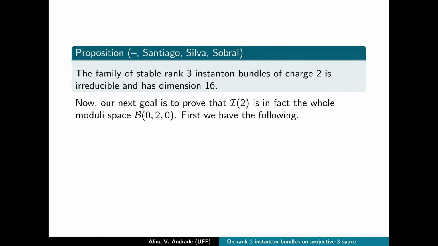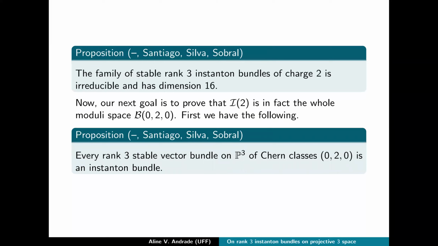Every rank 3 stable vector bundle on P3 of Chern classes 0, 2, 0 is an instanton bundle. So we proved that the image of the morphism in the proof of the previous proposition is the instanton bundles. So now we are trying to prove that in fact every rank 3 stable vector bundle is an instanton bundle.